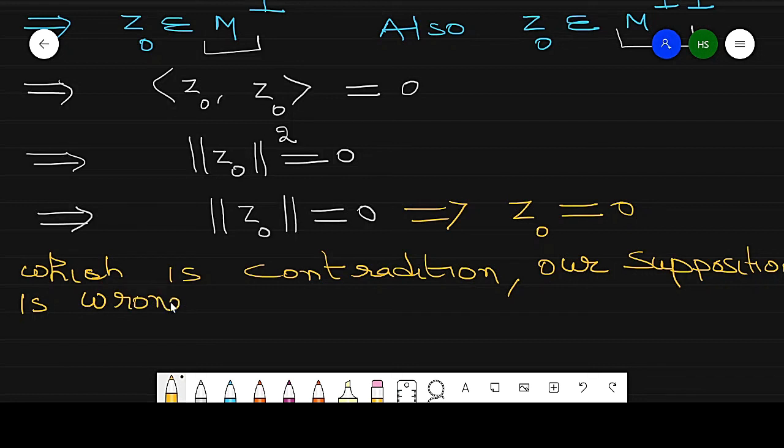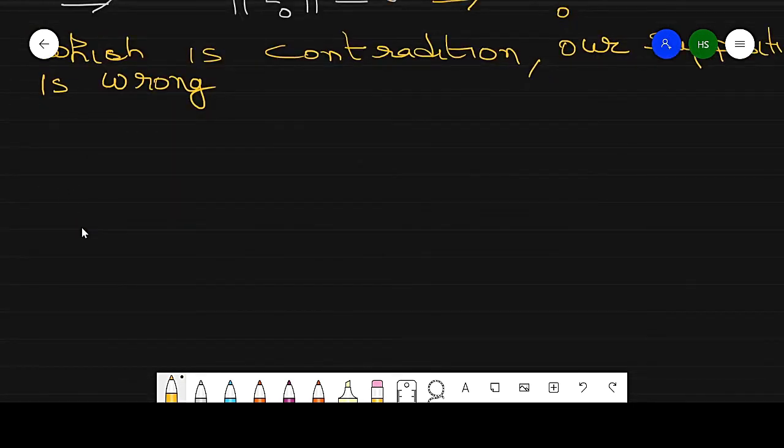What did we suppose? We supposed that it is a proper subset. If it is not a proper subset, then M is equal to its double orthogonal complement. So which proves our result.